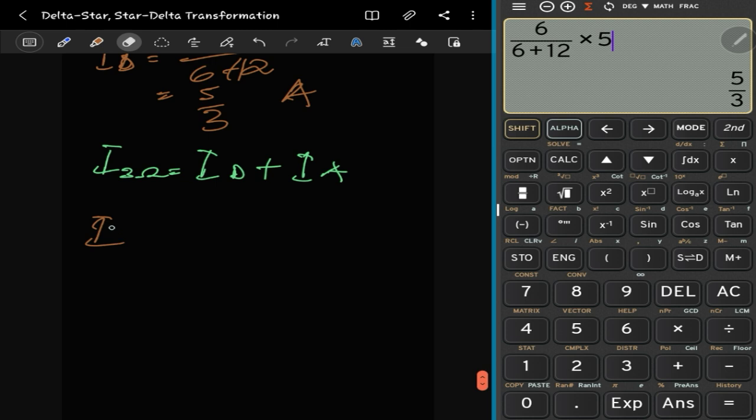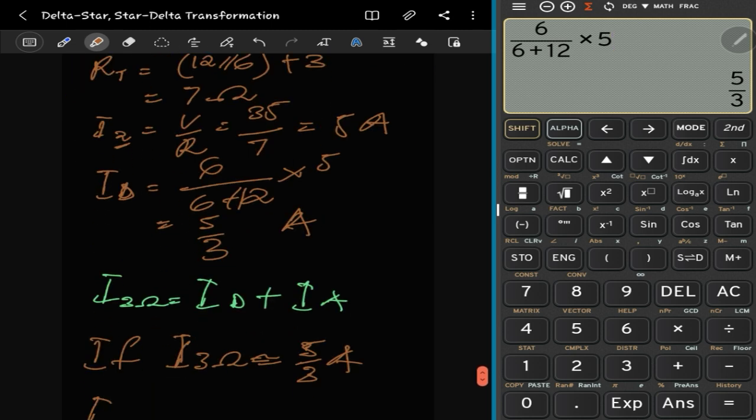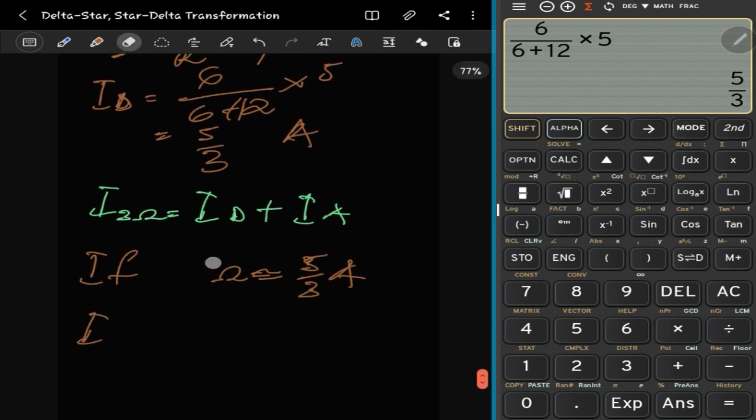So this is what we do. If 35 volts is giving us 5/3 amperes, then 42 volts will give us 42/35 times the 5/3 amperes. The volts cancel out.